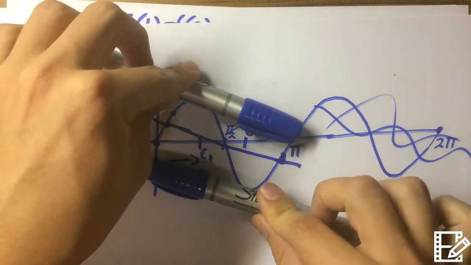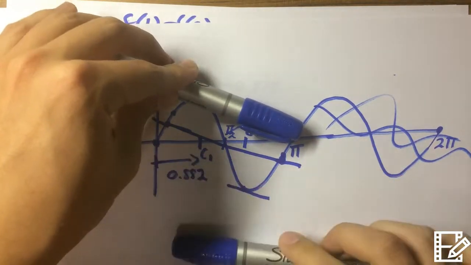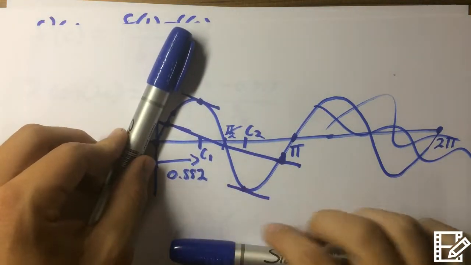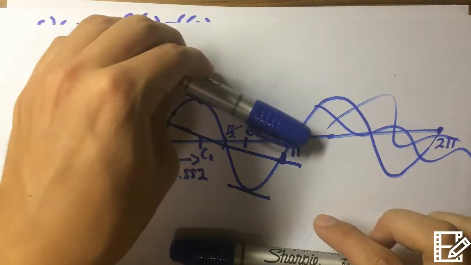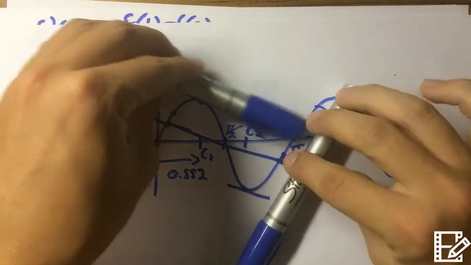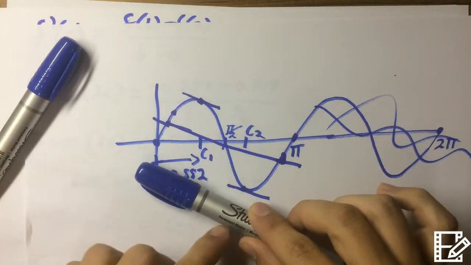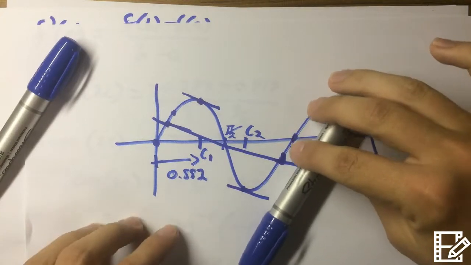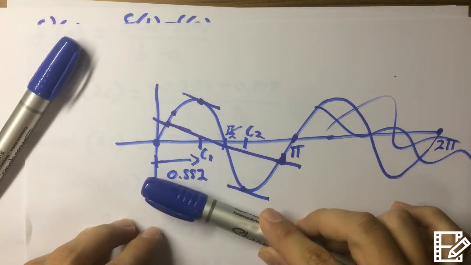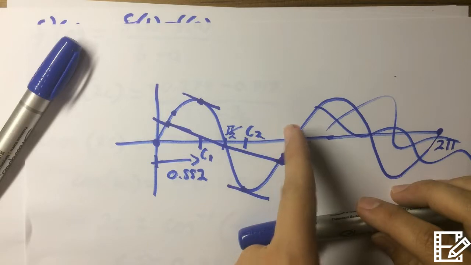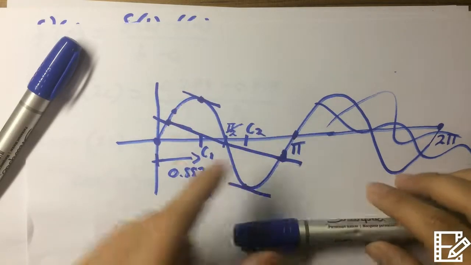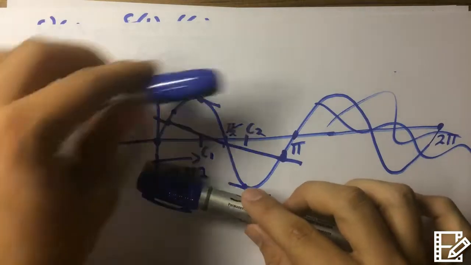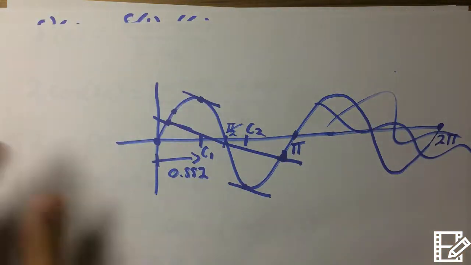But that way, if it takes 0.882 to have a slope of that, then to have a slope of this, if you come 0.882 backwards, you will get the same slope over here because they're in symmetry.